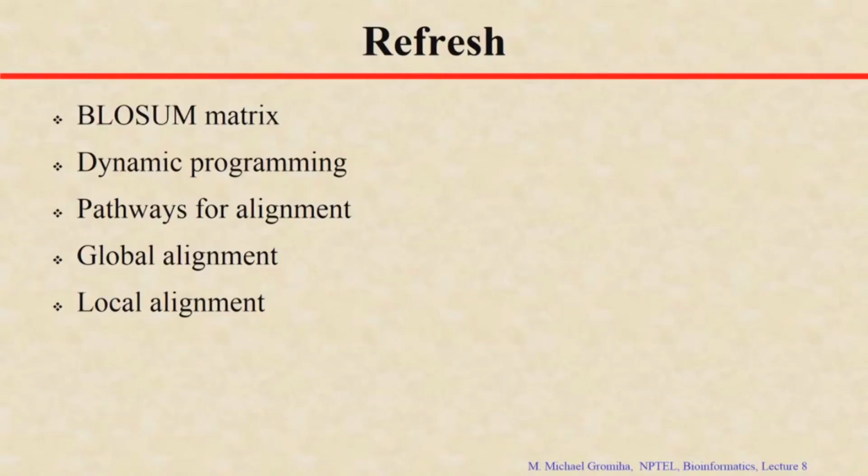Then we discussed dynamic programming. What is dynamic programming? We divide the alignment problem into smaller, reliable problems, and then finally combine them to get the overall result for the given problem. Then we discussed the pathways for alignment. For example, if we have two sequences, one of 10 residues and another of 8 residues, there are several possibilities to align using the inclusion of gaps.